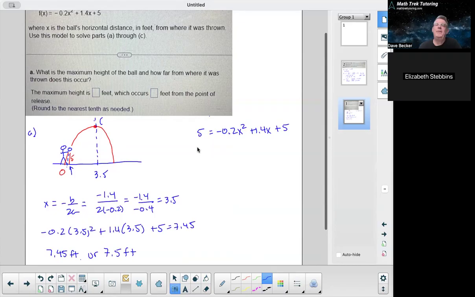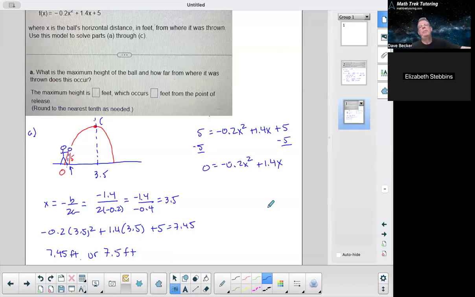And then we subtract 5 from both sides to set it equal to 0. And then you can use your polynomial tool to solve it. You want to try that again on the calculator? Yep. Okay, I'll pull up the instructions in my notes.